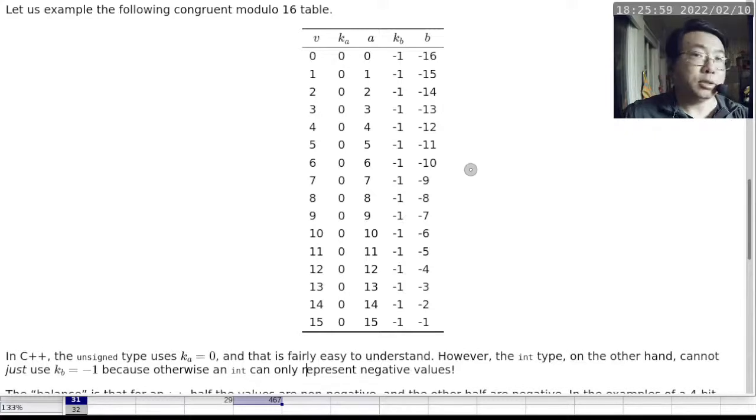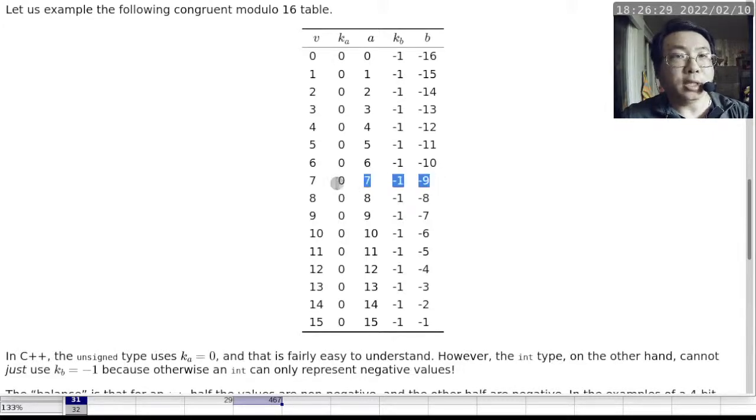Well, let me just pick an example here. Okay, so pick this row here as an example. What this row is trying to say is once we fix V equals 7 by using 0 as the coefficient, then we end up with the value of A. On the other hand, if we make an assumption that the coefficient is -1, then we end up with the value of -9.